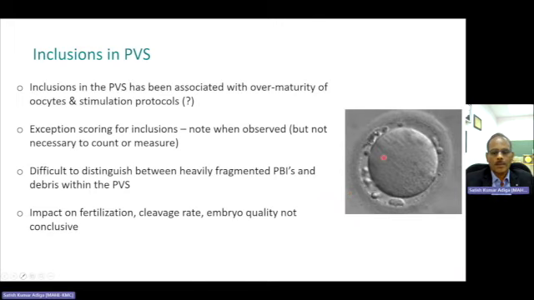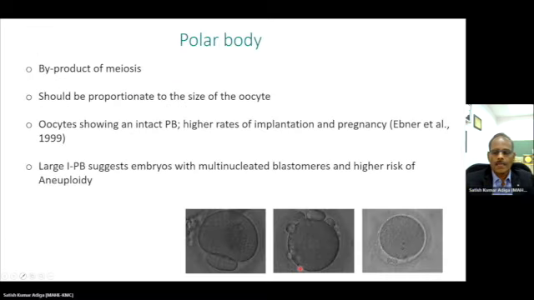Sometimes first polar body fragmentation can also appear like inclusions, and it is difficult to distinguish. The impact of inclusions or debris in the perivitelline space is not known, but it has been suggested that a higher level of debris or inclusions may have some impact on embryo quality, though there is no conclusive evidence on this.